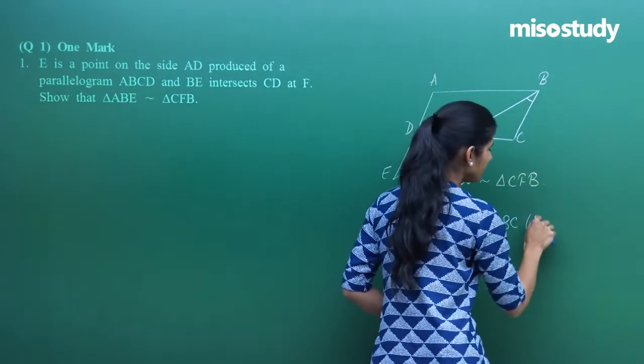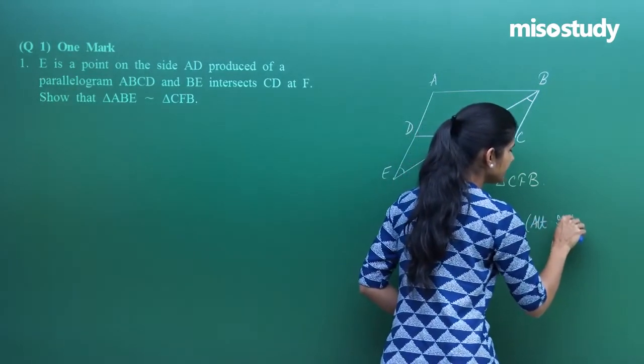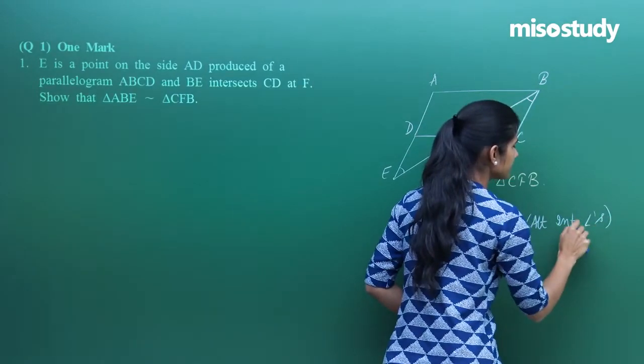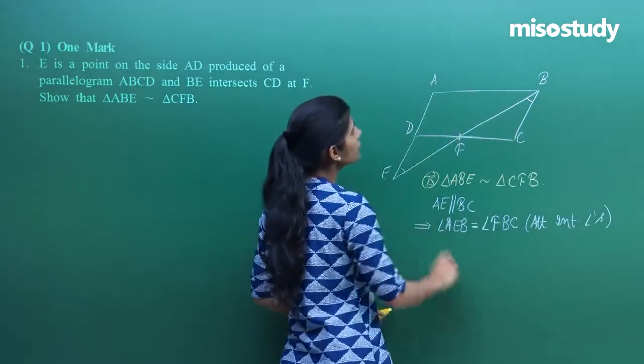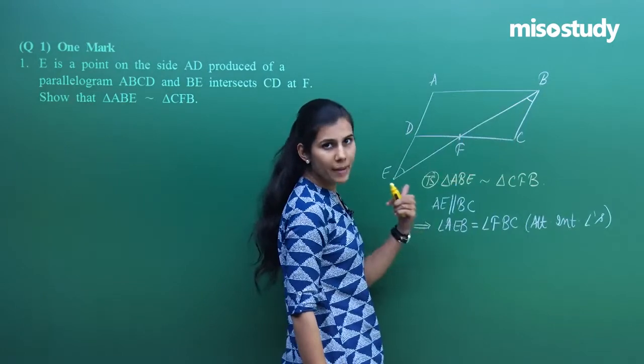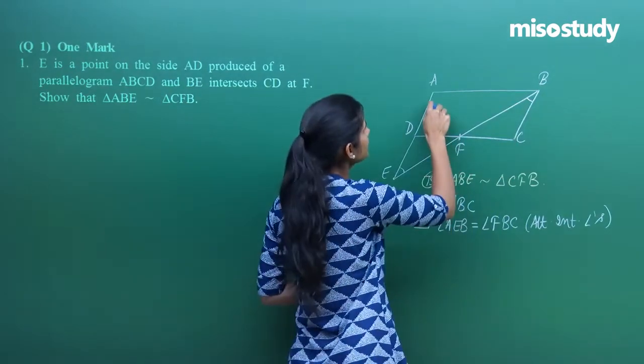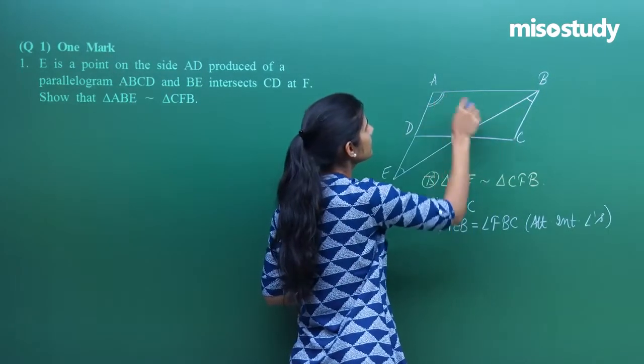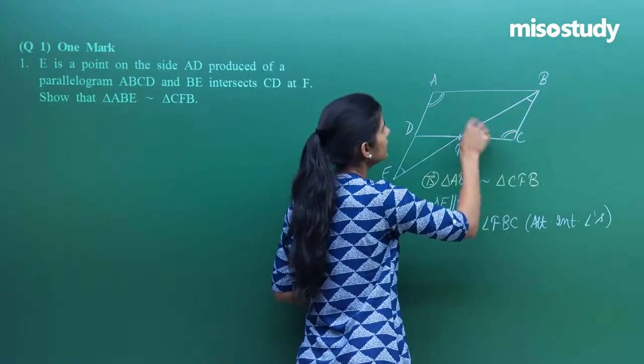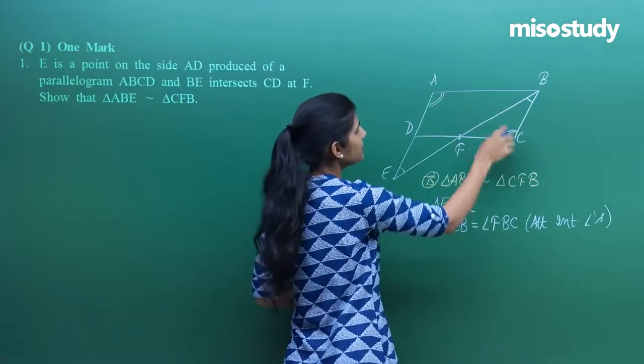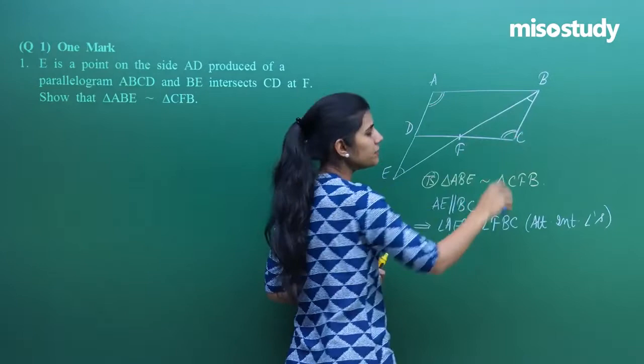Why? Because they are alternate interior angles. Moreover, because this is a parallelogram, opposite angles are equal. This angle is equal to this angle. This angle is sitting in the triangle AEB and this angle is sitting in the triangle BFC.